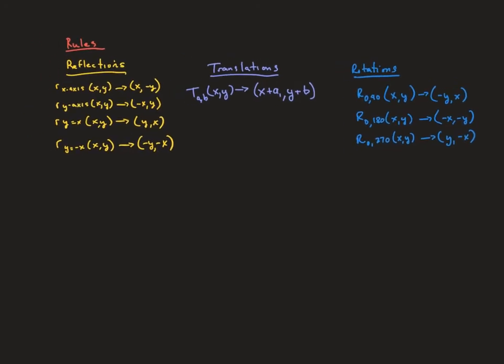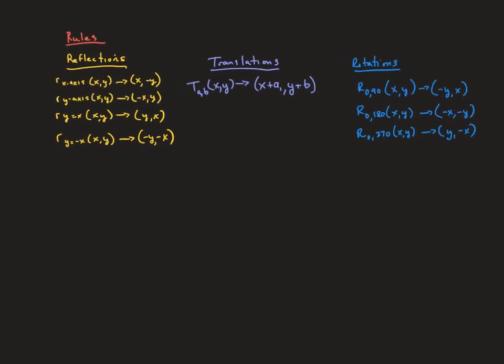Okay, so remembering our rules, we have our reflections, and when we're reflecting across the x-axis, our xy coordinate maps to x, negative y.